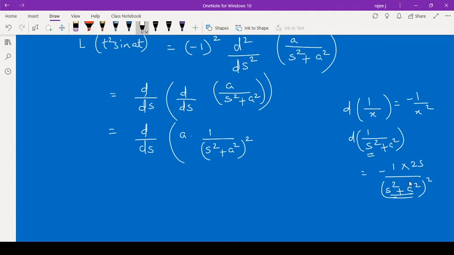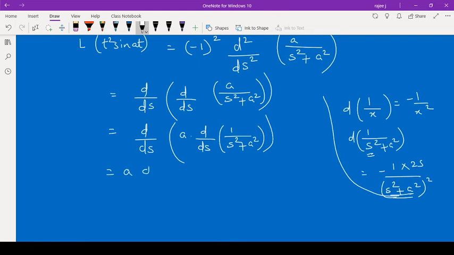Otherwise you can use u by v formula, that I will show that too. U by v formula if I use here, so constant is here, then d by ds of 1 upon s square plus a square. So both ways you can try, either this way directly, or this is a bit lengthy, this one what I am going to do.